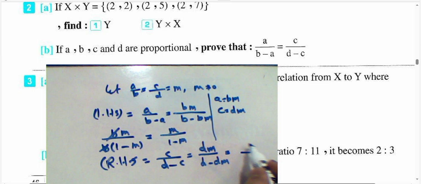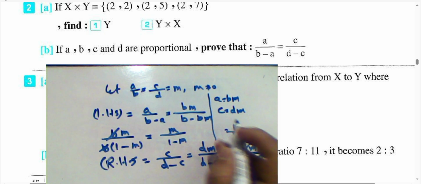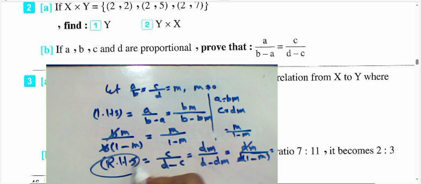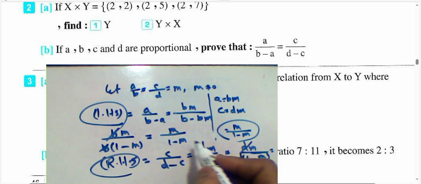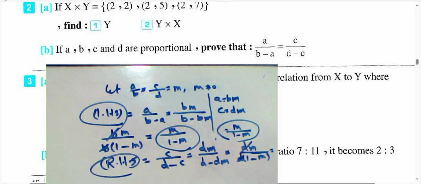You can write the common factor between the two terms: D divided by D is 1, DM divided by D equals M. You can simplify the result to M over 1 minus M. Then the left hand side will equal the right hand side, they are equivalent, M over 1 minus M. You can write left hand side equals right hand side.